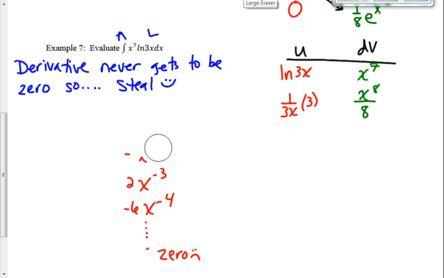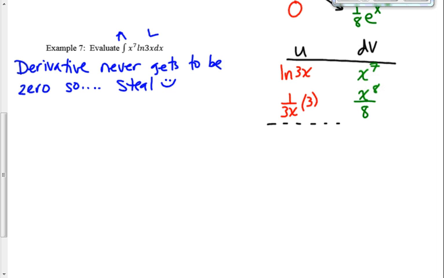And it's the same process. We're going to put a little dashed line to indicate I'm not exactly using what's right there. I'm going to steal first. And this really is a 3 over 3x, which is 1 over x. So if I take out a 1 over x, basically, that leaves me with just a 1. So what I'm taking out is a 1 over x.